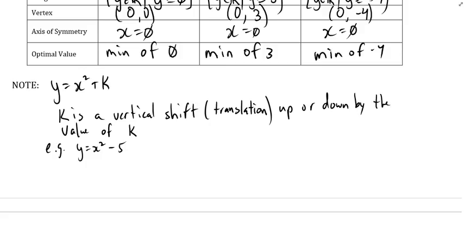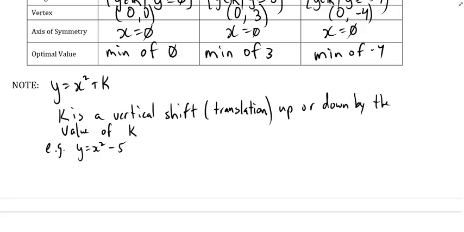So this is what we're learning: we take that base graph, or the parent graph, y equals x squared, and we transform it. We apply transformations to it, and that changes what it looks like. And we can make any parabola in the world with that. Okay? And so what we do is we describe the transformations using proper terminology.